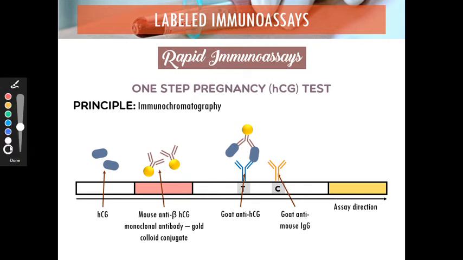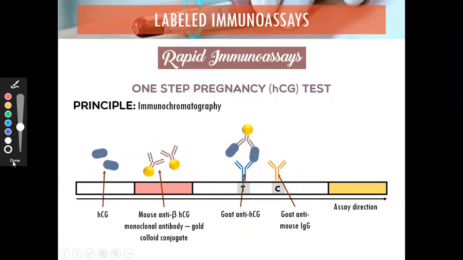Recall that the test line has goat anti-HCG, an antibody that will react to your HCG. So the complex is captured by your goat anti-HCG. Do you understand the procedure now? So this is the enzyme. When the substrate or reagent in your test kit is added, it will result in a color band, a purple color band on the test line, which would indicate that it is positive.